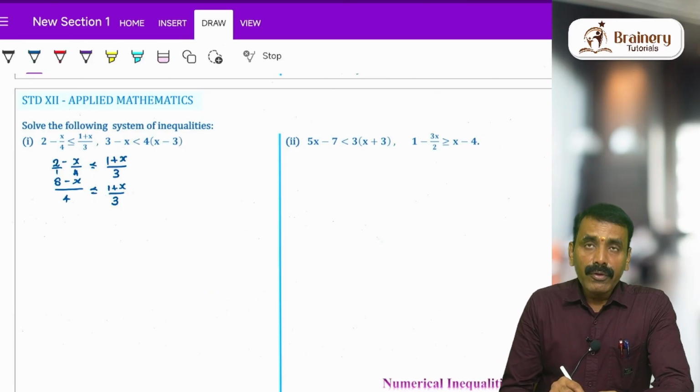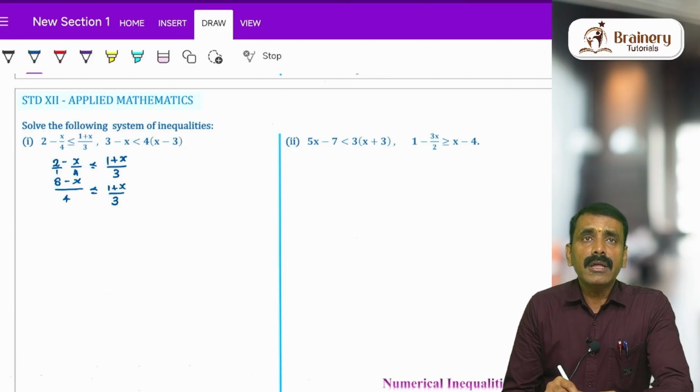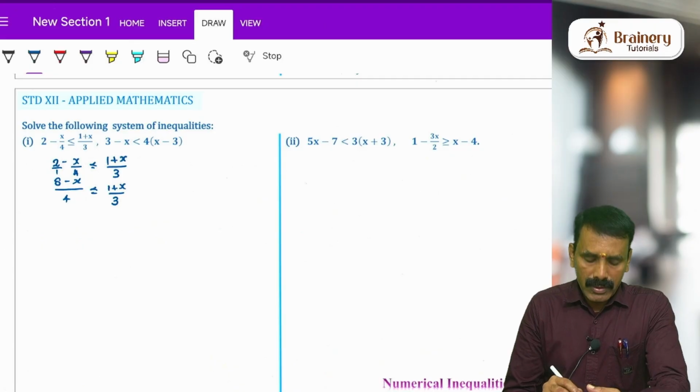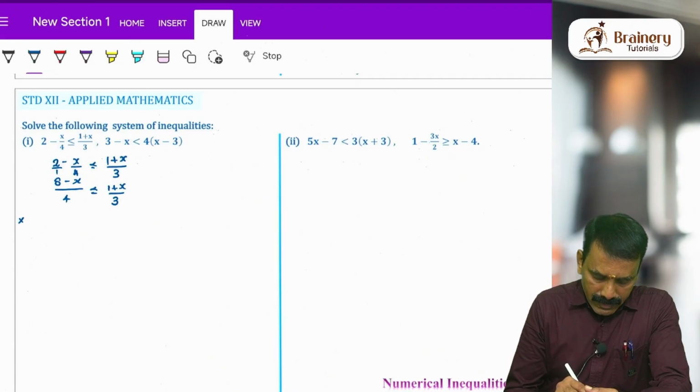Now we are having 4 in the denominator on the left hand side and 3 on the right hand side. So we try to remove the denominator on both the sides. The LCM of 4 and 3 will be 12. So we multiply by 12 on both sides. So 12 into (8 minus x)/4 less than or equal to 12 into (1 plus x)/3.